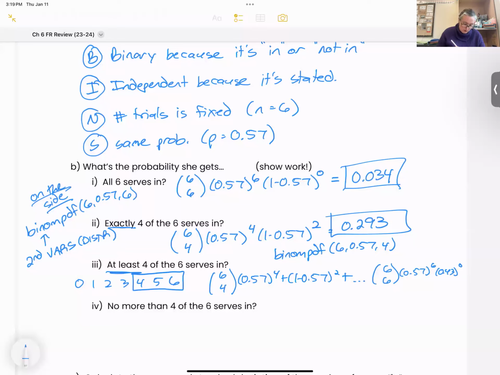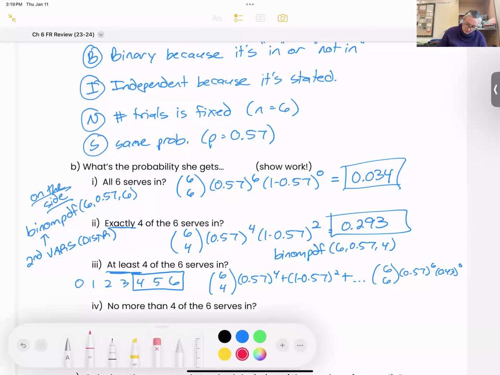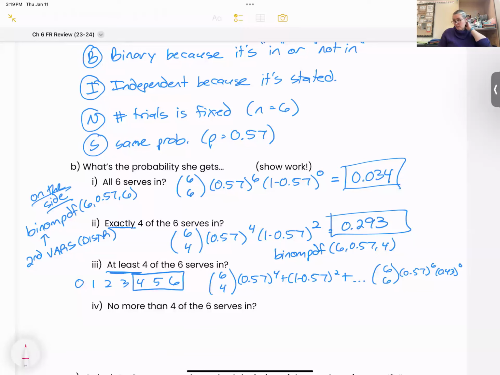Or I'm going to use a shortcut and use CDF, because binom CDF is that value and everything below it. And we have to be a little bit sneaky here because it's that value and everything below it, not above, but below. So I am going to find this with binom CDF 6, 0.57, 3.